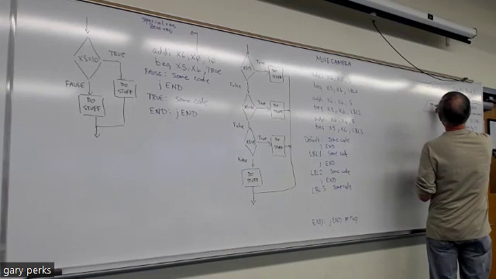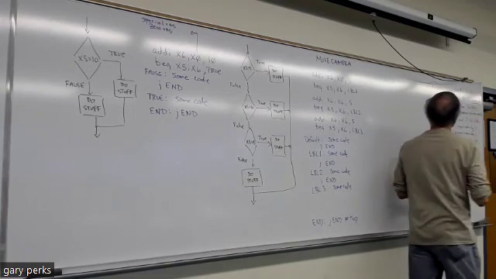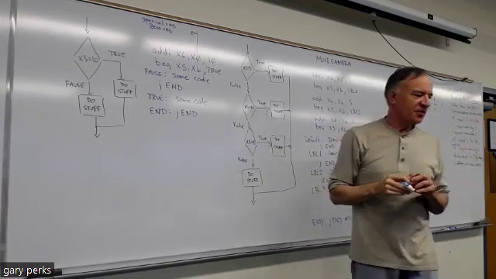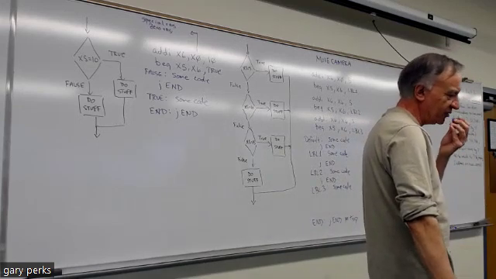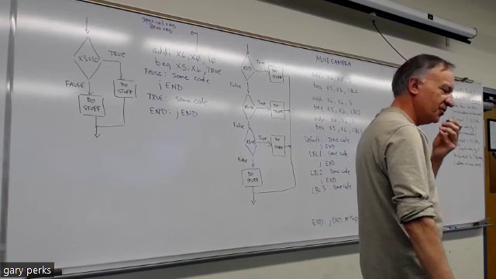So, switch data, whatever you want to call it. Input switch data. Then what do you suppose we would do next? In the flow chart, once we've got the switch data, what do we want to do?